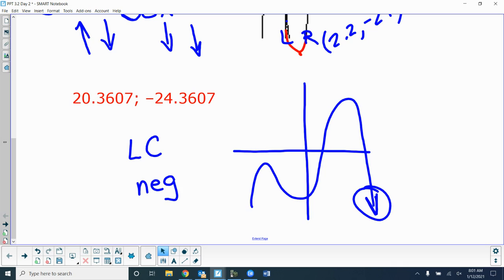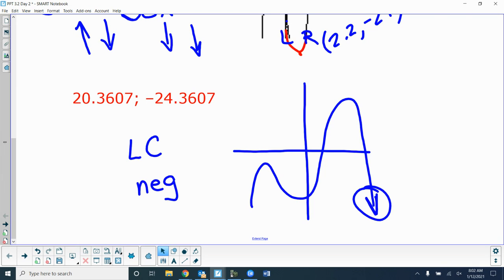Number 12, you had to find max and mins. All right. The max was negative 3.15, and the min was 0.4, negative 16.9. For 14, the max was 1.8, and the min was negative 2, negative 19.